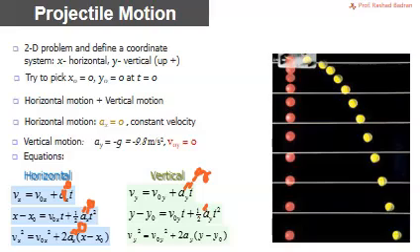You get equations that are well set up for use in projectile motion, whatever the case is, whether the projectile is shot initially horizontally, below the horizontal, or above the horizontal. These are the equations for projectile motion we're going to use in this session.